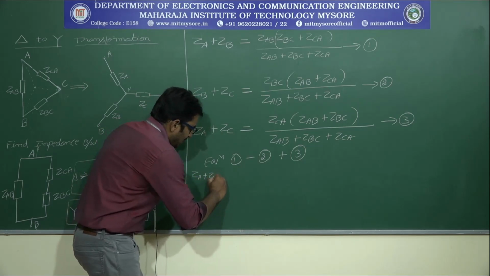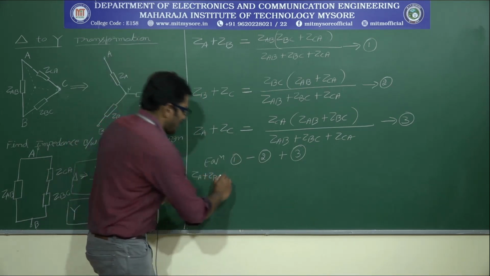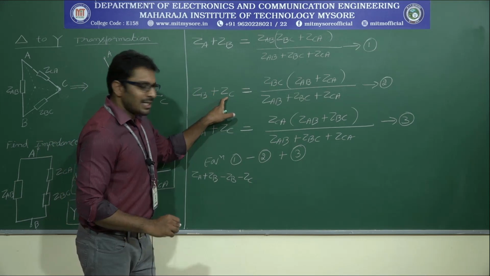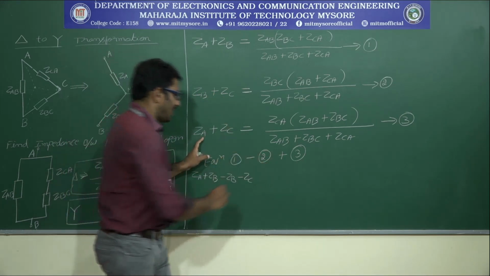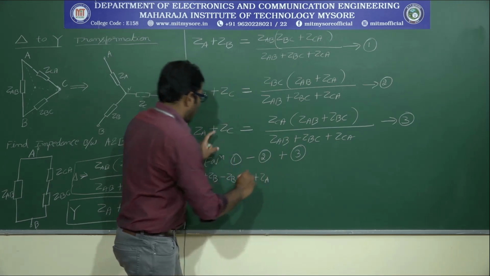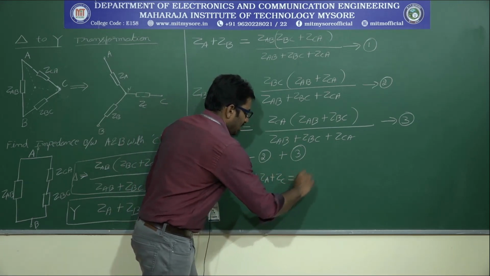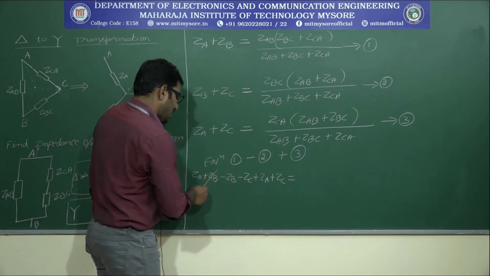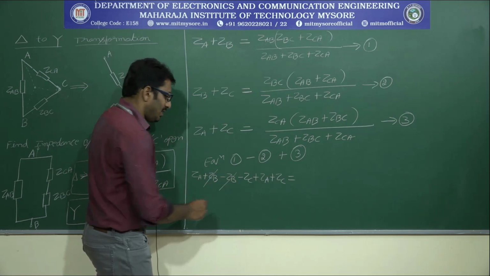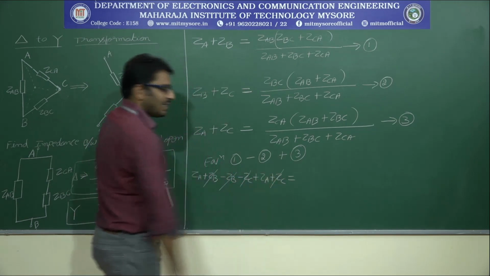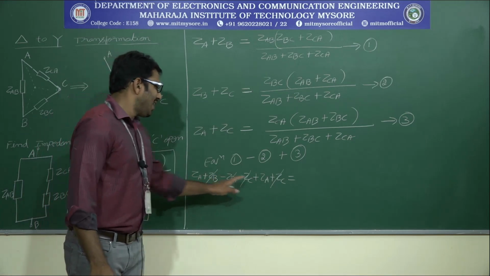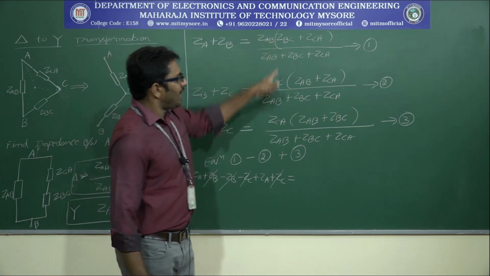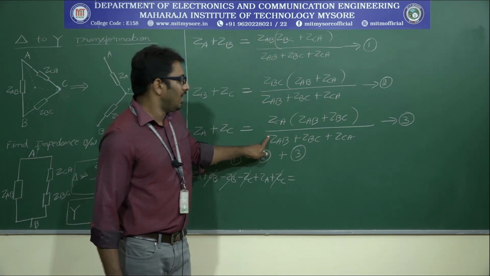ZA plus ZB, minus ZB plus ZC, plus ZA plus ZC. ZB minus ZB cancels, ZC minus ZC cancels, remaining ZA plus ZA, which is 2ZA. Similarly, try to simplify the right side of all three equations.